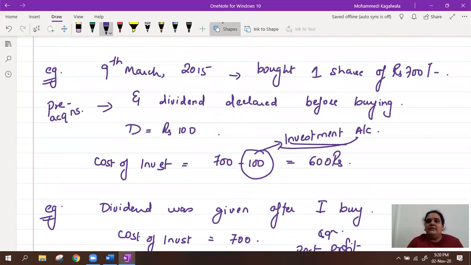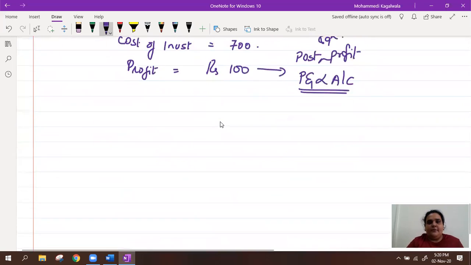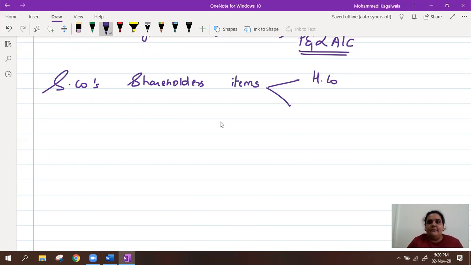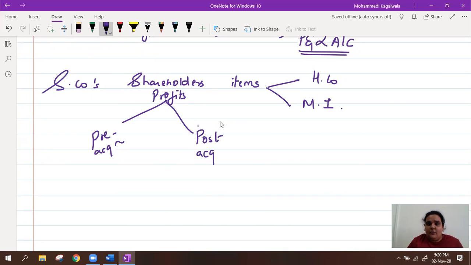Okay. Now all these shareholders items which I am talking about of the subsidiary companies have to be divided between the holding company and the minority interest. But along with that, I also have to see whether it was pre-acquisition, especially the profits, or post-acquisition, after I acquired.